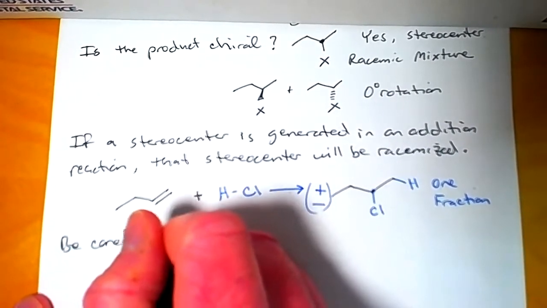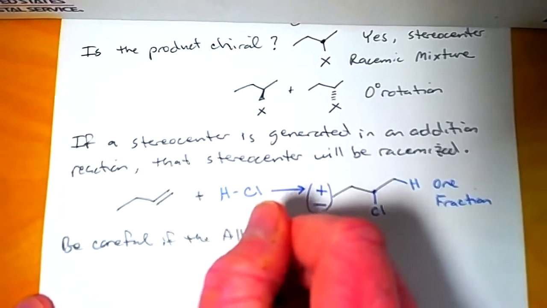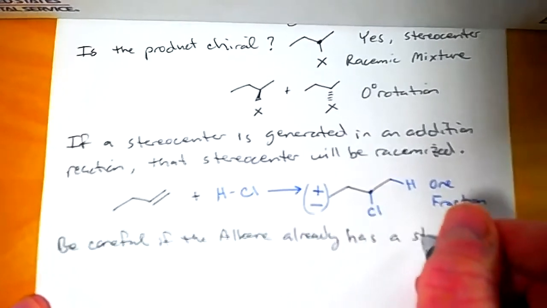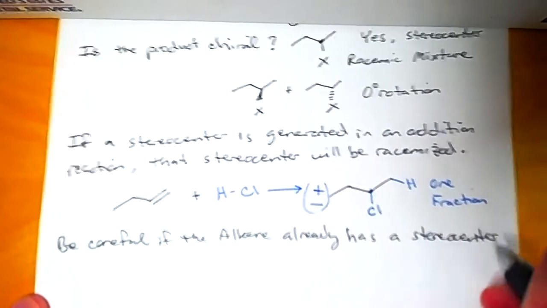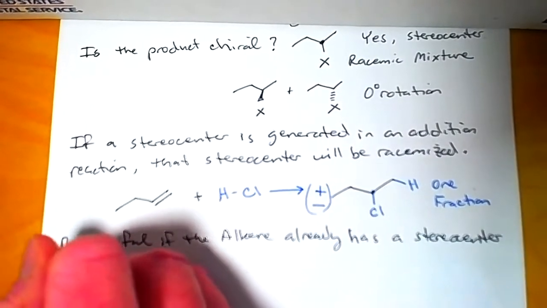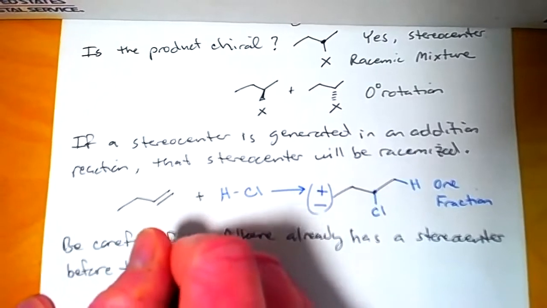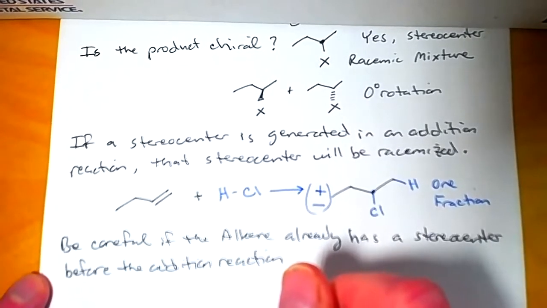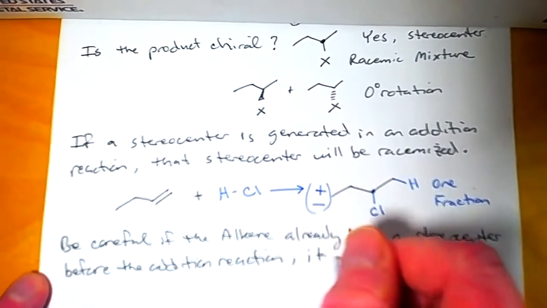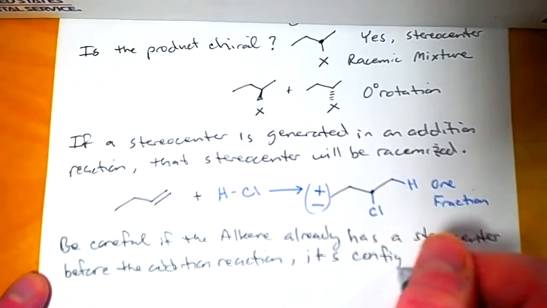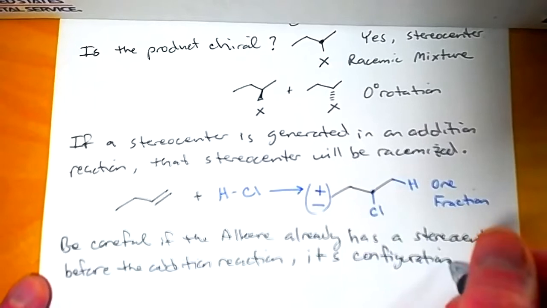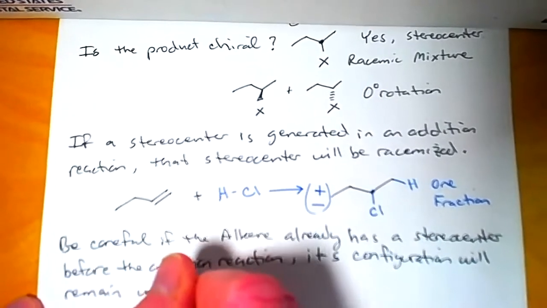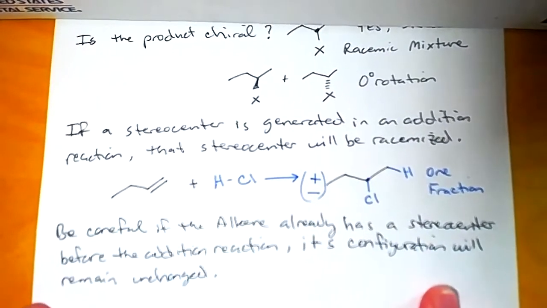If the alkene already has a stereocenter before the addition reaction, its configuration will remain unchanged, meaning that stereocenter will remain fixed.